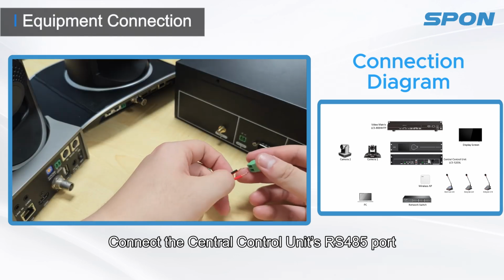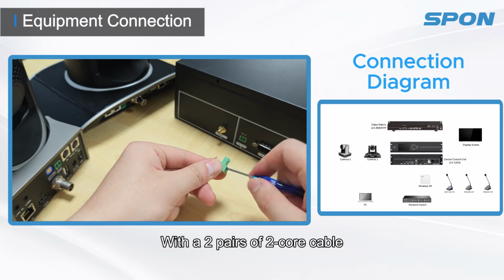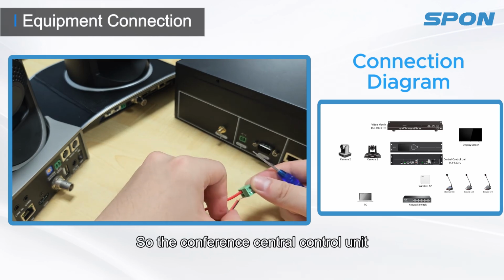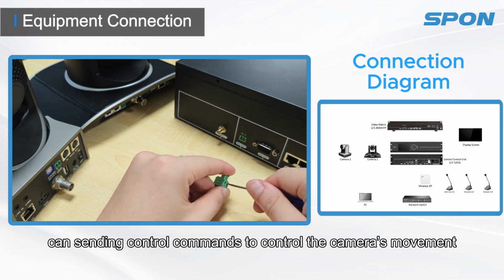Connect the central control unit's RS485 port to the camera RS485 in, with the 2 pairs of 2-core cable, so the conference central control unit can send control commands to control the camera's movement.